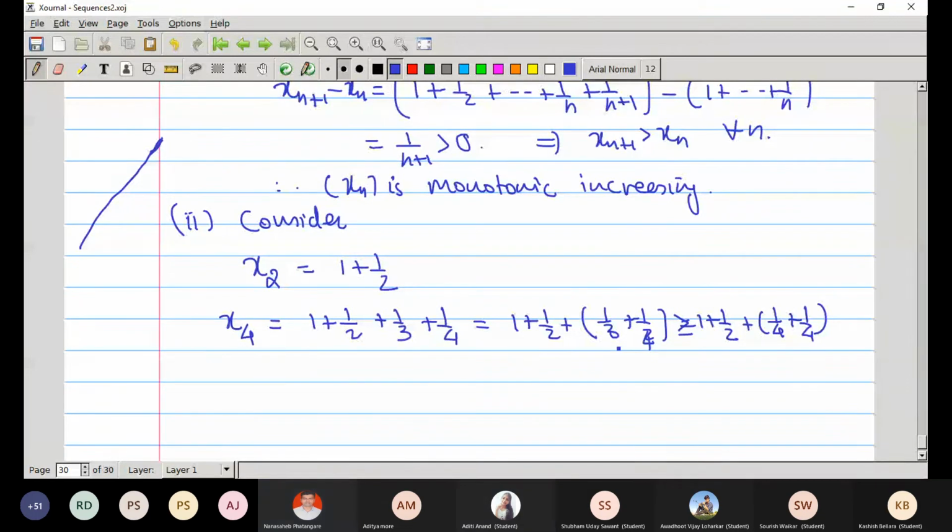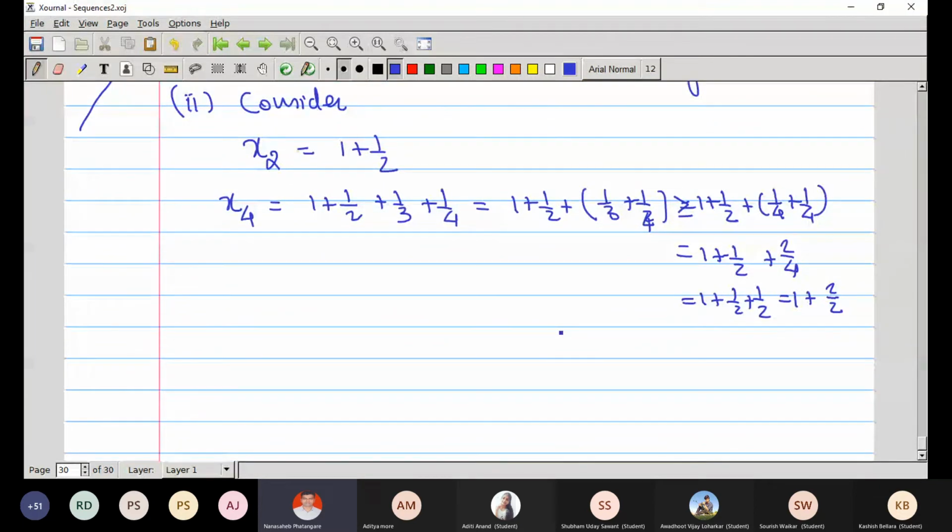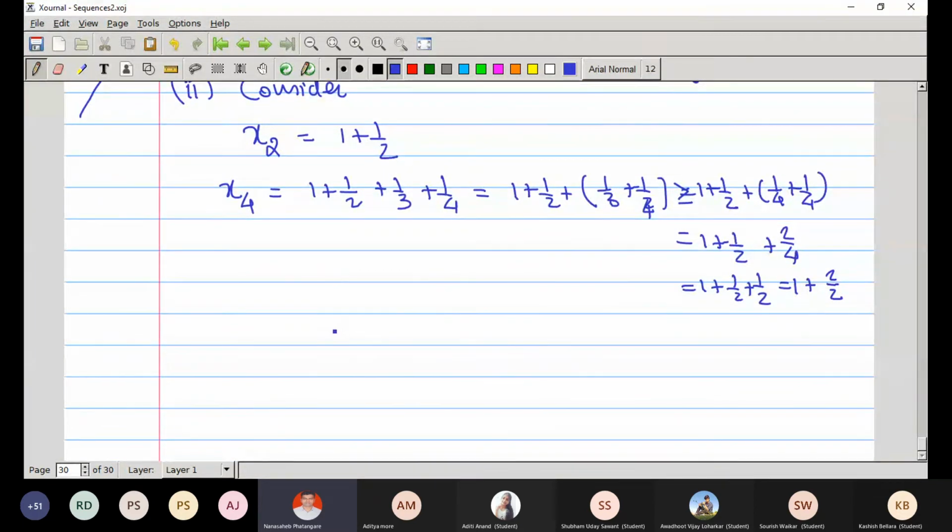Yes, sir. Right, and therefore I will get 1 plus 1 by 2 plus 2 by 4, which is 1 plus 1 by 2 plus 1 by 2, which is 1 plus 2 by 2. For instance, keep it as it is, 1 plus 2 by 2.